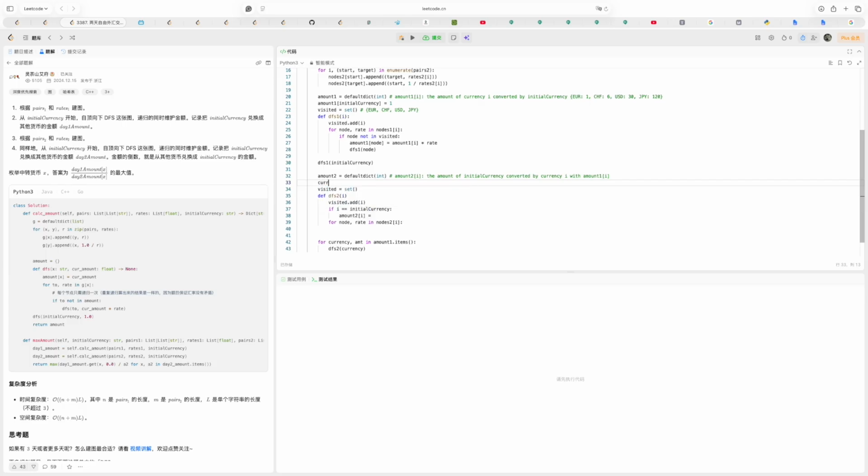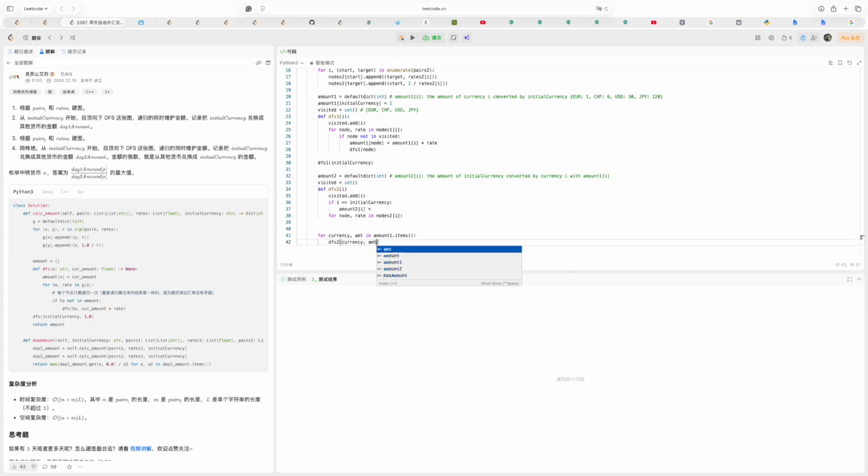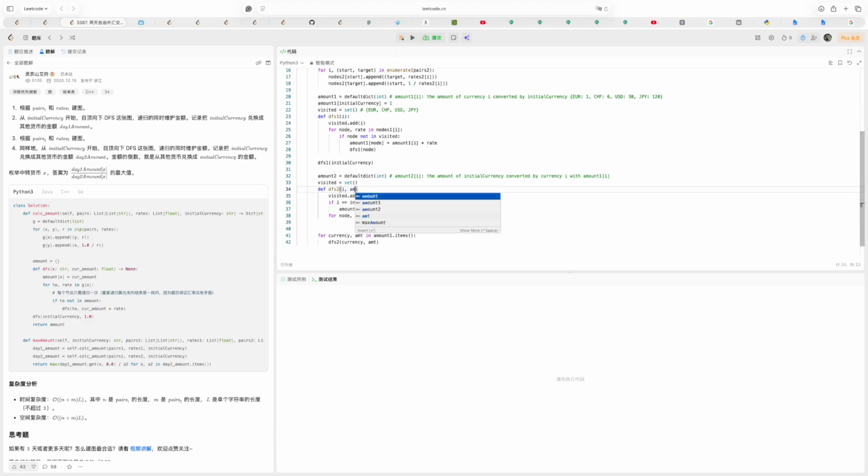Current equals... I think it will be equal, or we can have it as a parameter, so have amount.